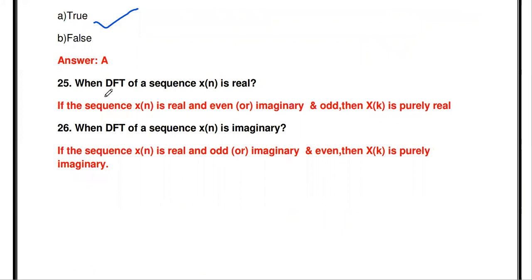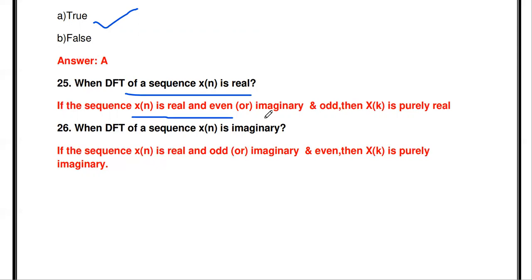Then the next one: when is the DFT of a sequence x of n real? In which condition is the DFT of the sequence x of n real? If the sequence x of n is real and even, or x of n is imaginary and odd.